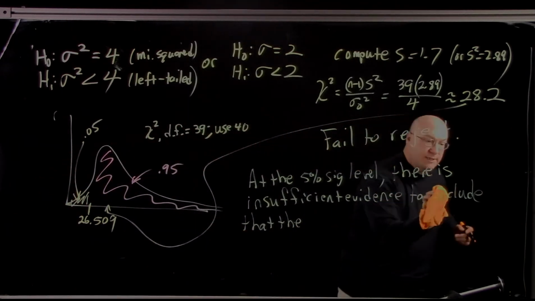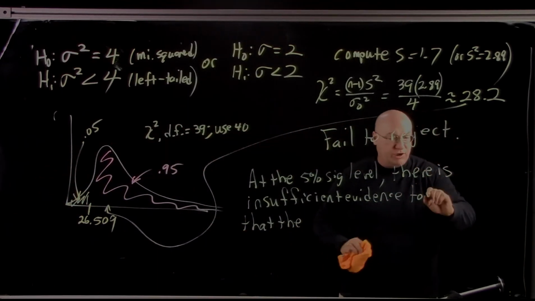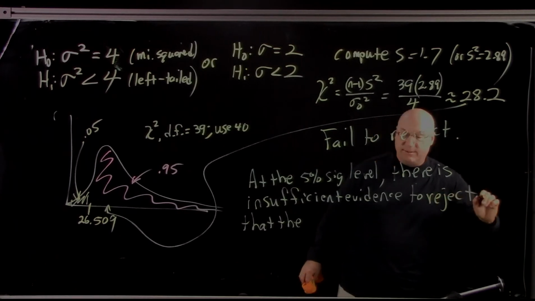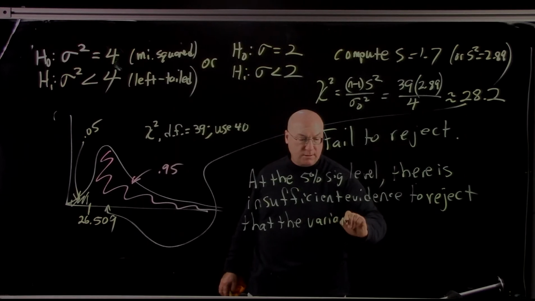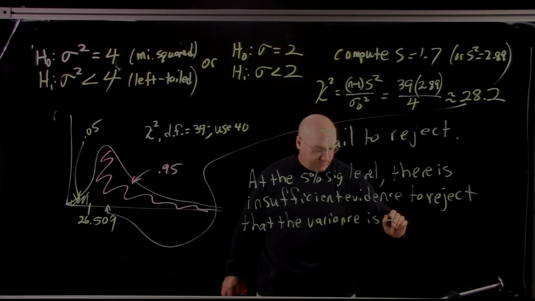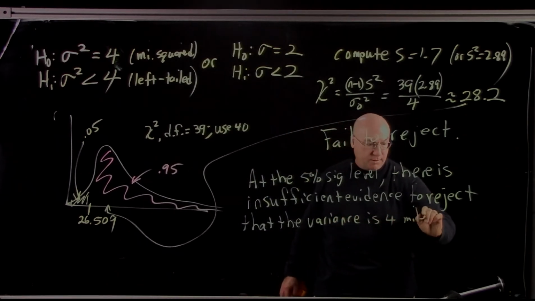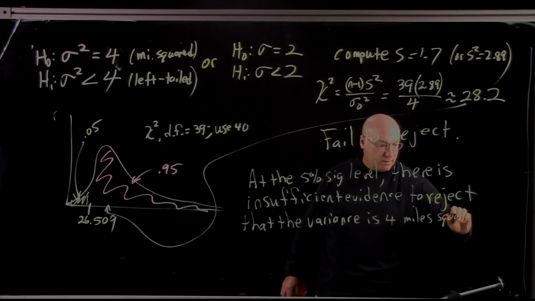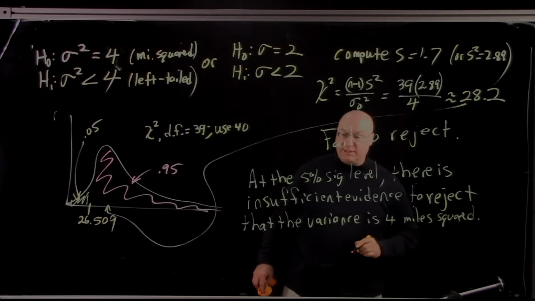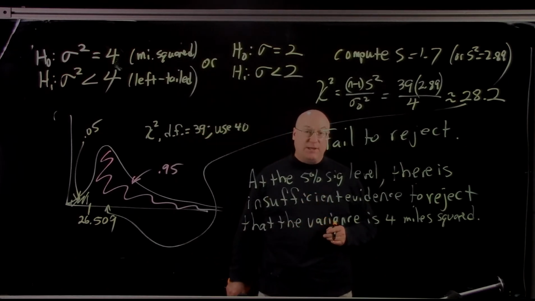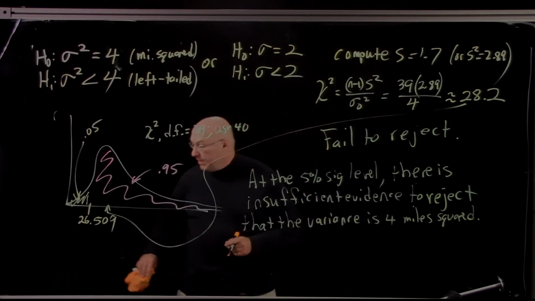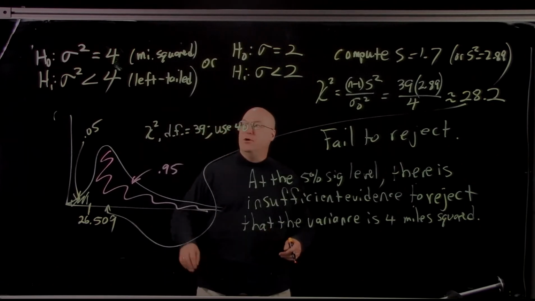We usually say this. To reject our assumption or our claim. So reject that the variance is 4 miles squared. All right, so we cannot reject that. So it might not be less, okay? So that's a bummer because we were hoping it would be less.